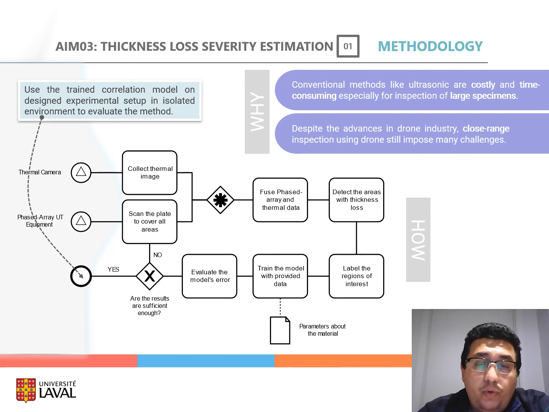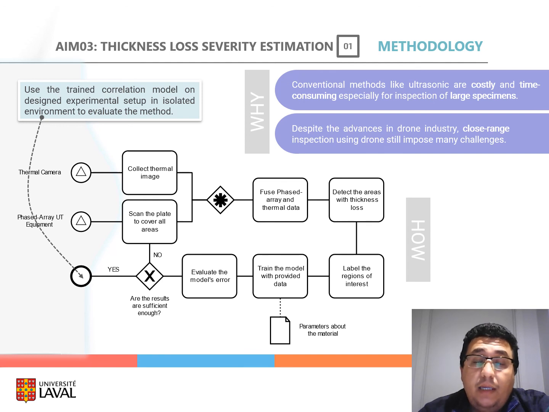So how do we want to do that? First, we need to create a correlation model between thermal images and the phased array UT data. For doing so, we are collecting different samples with different plates, with different materials. We collect phased array data and thermal data. We align them.